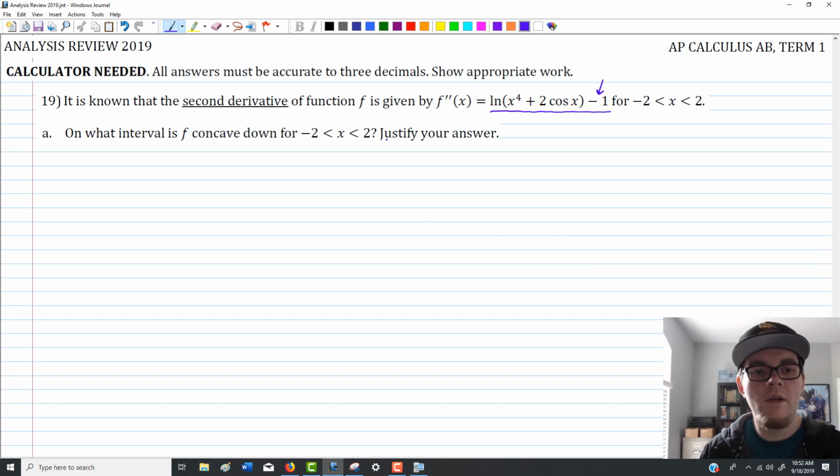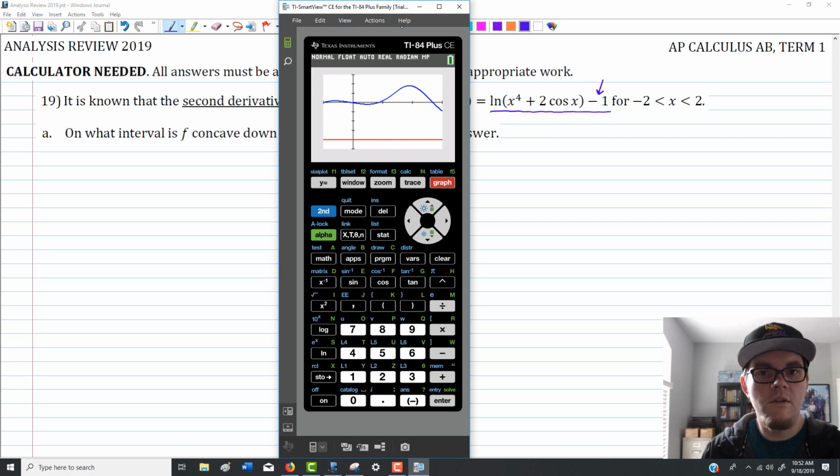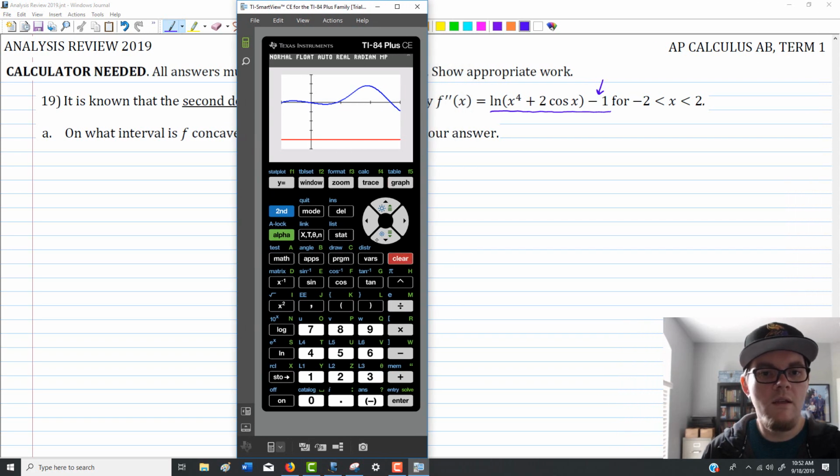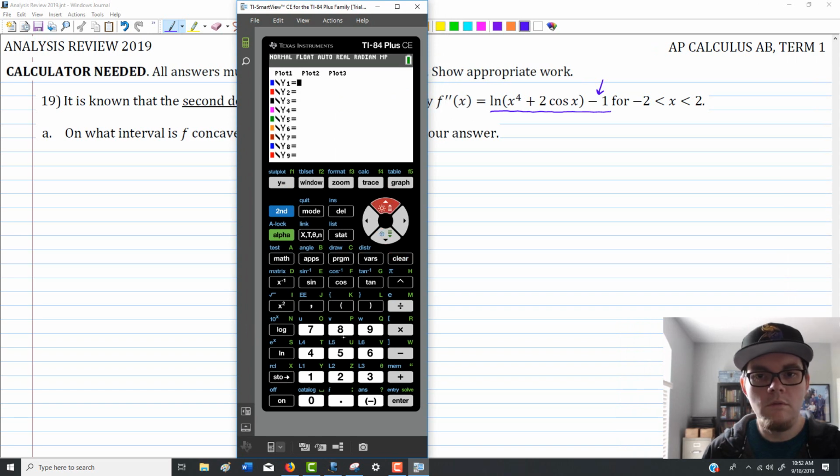So there are a bunch of questions asking us stuff here. Let's just start things off by graphing the function, making sure that we've got that ready. Boom. ln x to the 4th plus 2 cosine x, and then it's all -1.